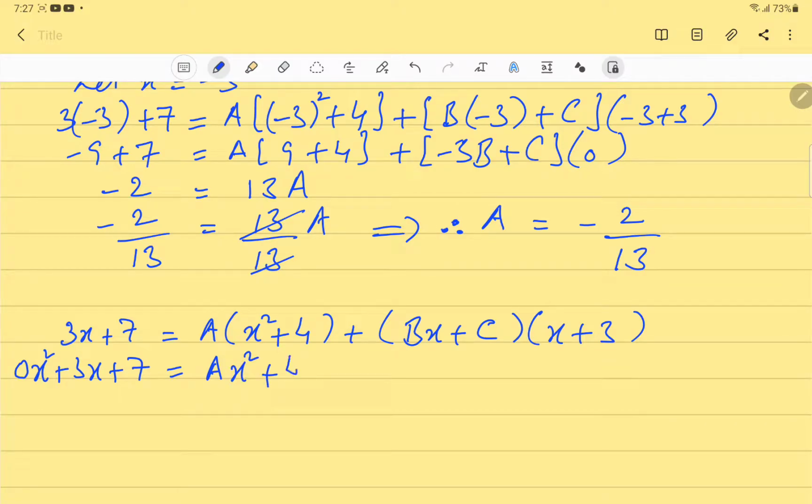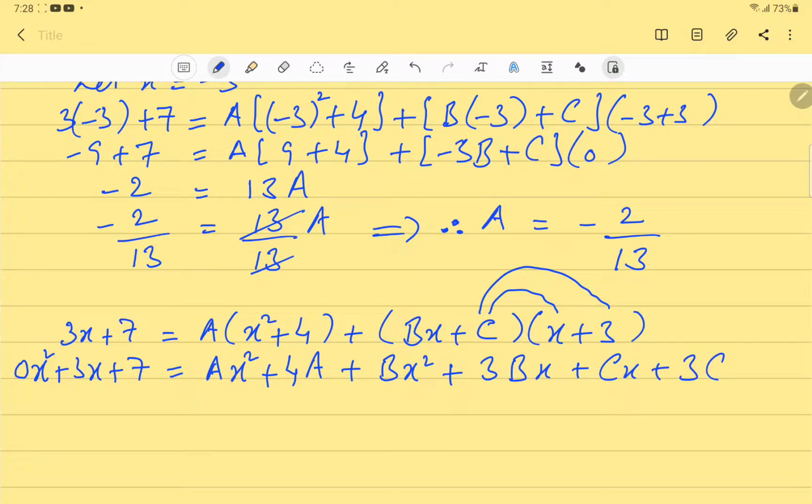Ax² + 4A + Bx² when we multiply with this, and then we multiply with this one, so it will be 3Bx. Now we multiply C with x and C with 3, so Cx + 3C. Now we will gather the terms with the same degree of x.